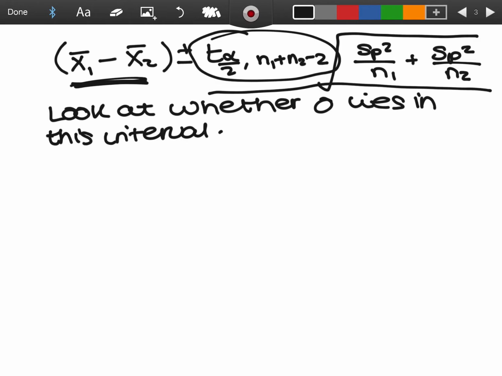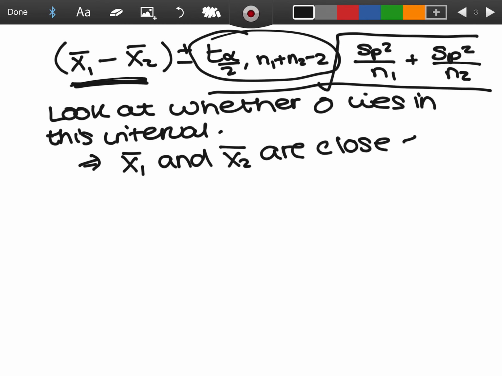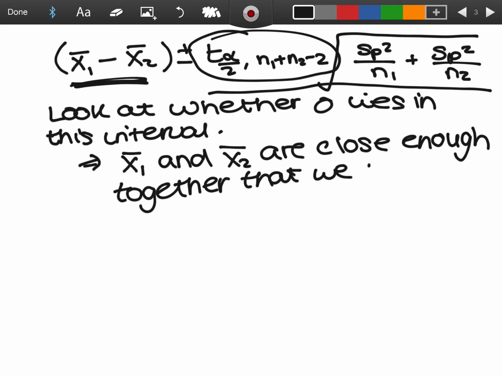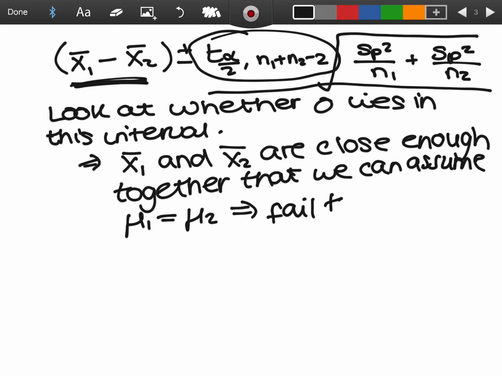Okay, so if 0 lies in that interval, it means that x1 bar and x2 bar are close enough together that we can assume that mu1 is equal to mu2, which means that mu1 minus mu2 is equal to 0, which means we fail to reject the null hypothesis.